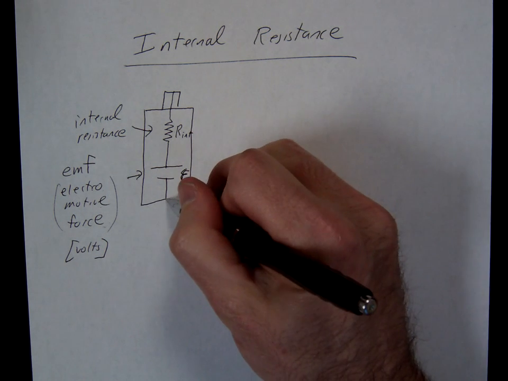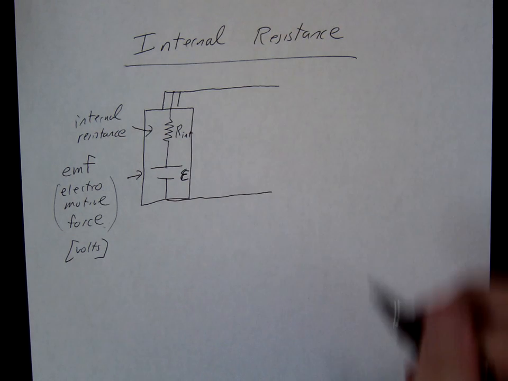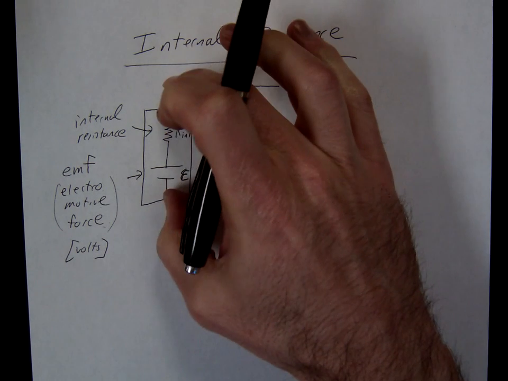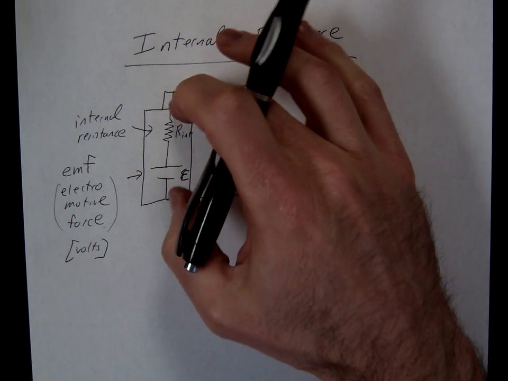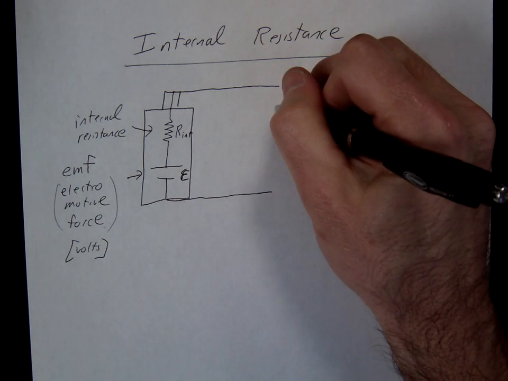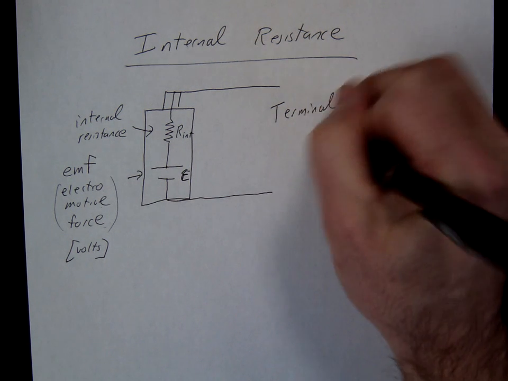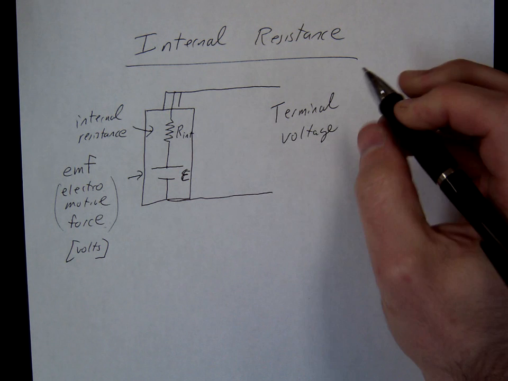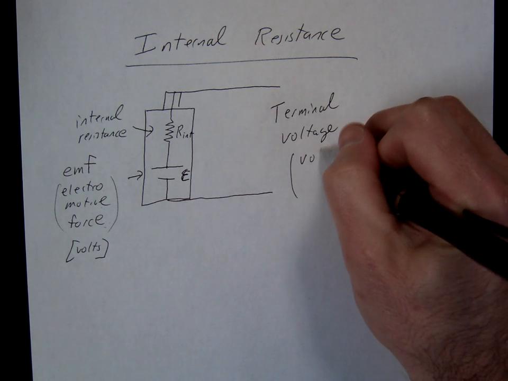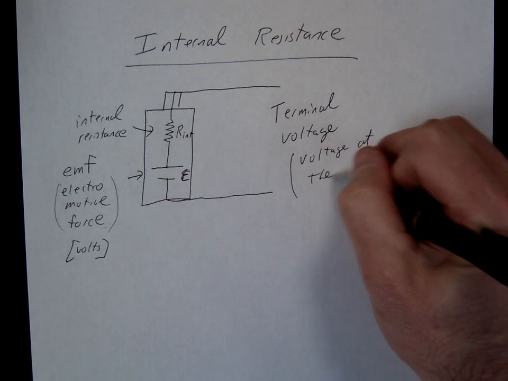And the last little thing is, if I were to take a meter, which we call a voltmeter, and test across the terminals here, the negative and positive end of the battery, we would get what's called a terminal voltage. And basically that's just like it sounds, the voltage at the terminals.